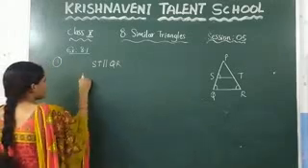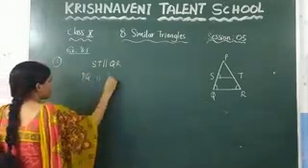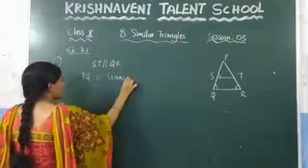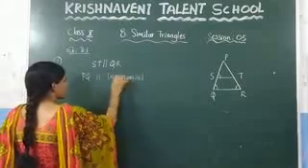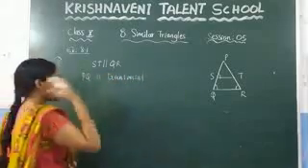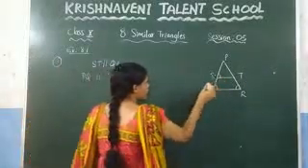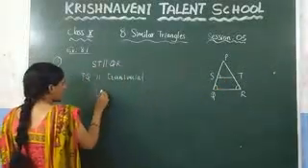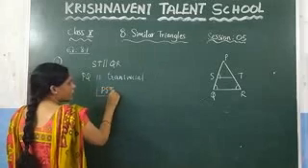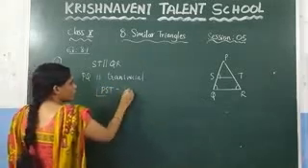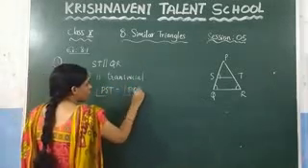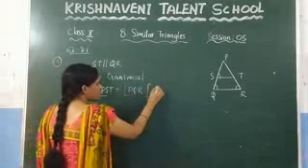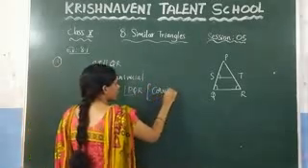So write it here: PQ is the transversal. And from that, what can we conclude here? These two angles are equal. What are those angles? Which is nothing but angle PST is equal to angle PQR. Why are these two angles equal? Because the corresponding angles are equal.